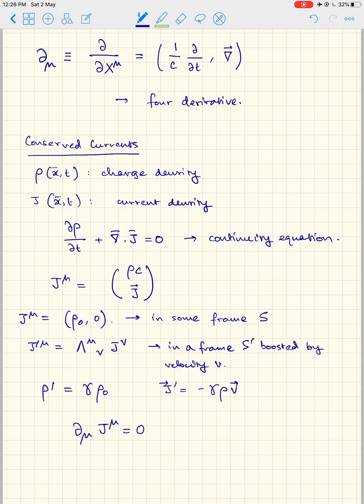We have just defined the del mu downstairs as above, and you see that this equation just reduces to this. So this is the relativistic version of the continuity equation.